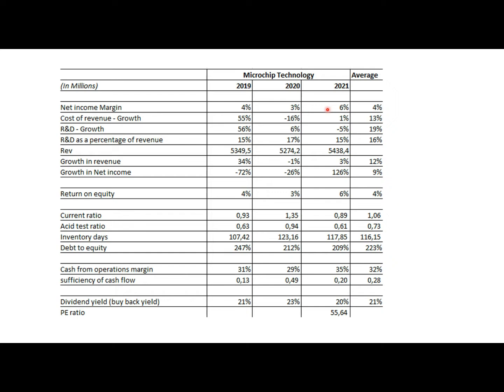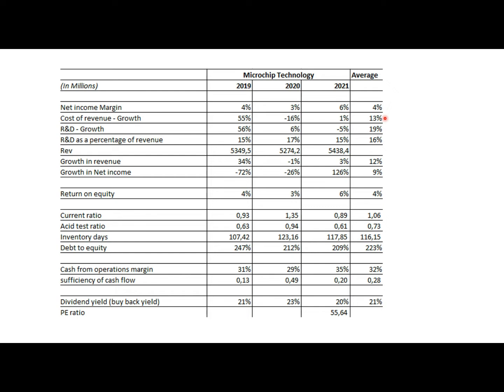Now, cost of revenue growth has been decreasing at a downward trend. Again, this goes into the fact that it operates in a very highly competitive market. So it is advisable, it is wise, and you can see by the performance of costs that obtaining a higher return on low costs is necessary to optimize growth in net income or to optimize profitability.